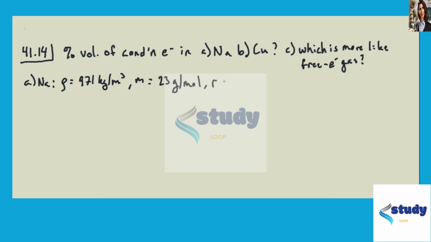Now you're just going to assume that the radius of the sodium ion is 98 picometers. So the volume occupied by the sodium ions out of the total volume, so we're going to have the density of the sodium ions, because the electrons are not going to contribute to the mass really.